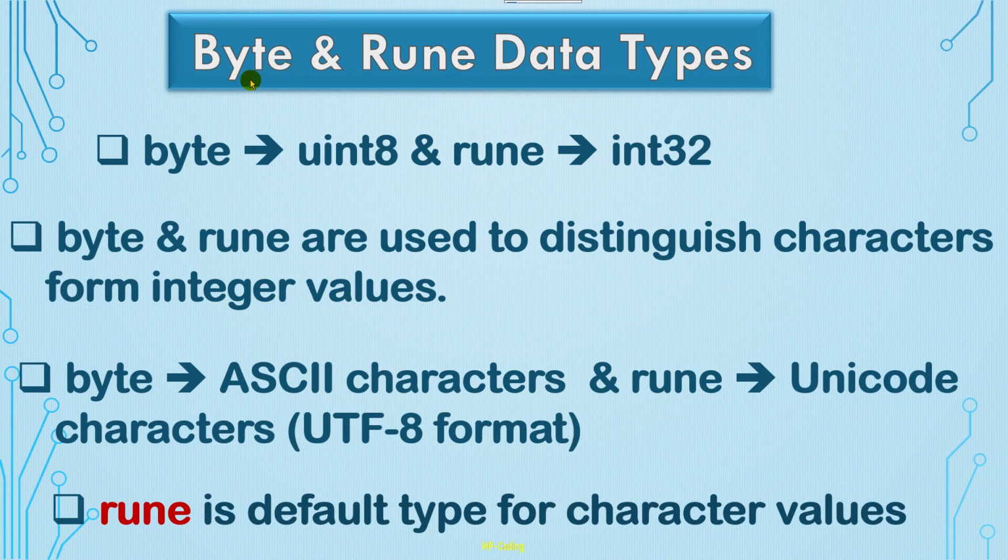Okay, here I am going to discuss the byte and rune data types. So what are byte and rune? Actually, these two types are used to represent character values in Go language, and these byte and rune data types are taken under the integer data type. Byte type is an alias for uint8 and rune type is an alias for int32 of the integer data type, and also byte and rune are used to distinguish characters from integer values.